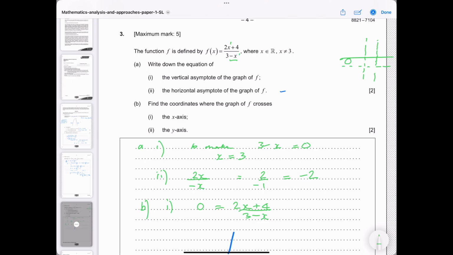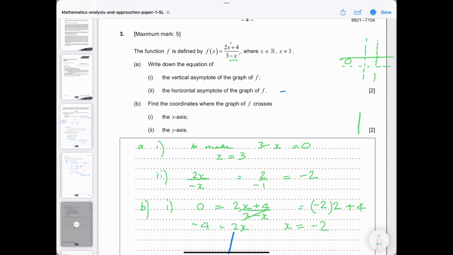What do we put in to make that equal 0? Don't worry about the bottom. You would do 0 equals 2x plus 4, so minus 4 equals 2x, and therefore x equals minus 2.